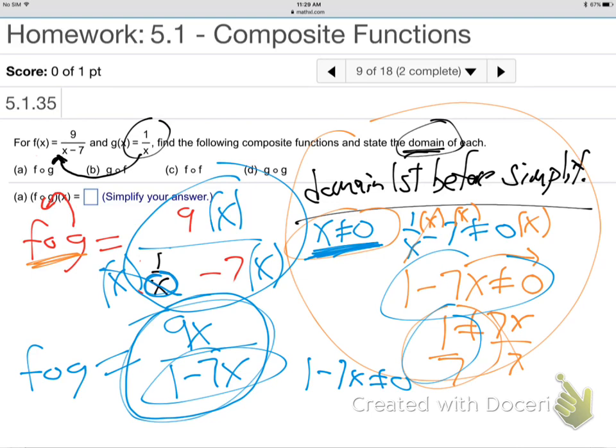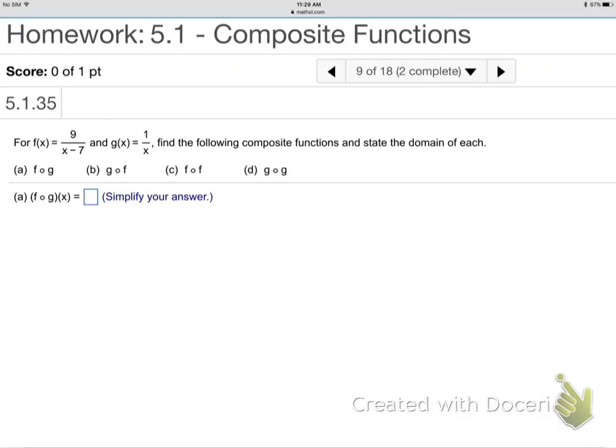Maybe we should do g of f. I'm going to do g of f and then we'll move on. So try g of f. Get the domain and then simplify it. So all of g into f.